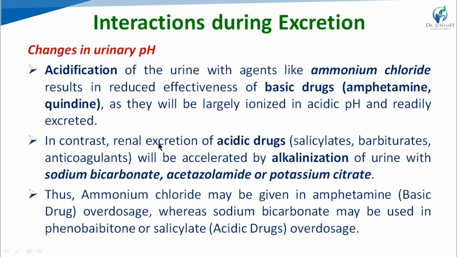In contrast, if you want to excrete an acidic drug, for example salicylate, barbiturates, anticoagulants, renal excretion will be accelerated by alkalinization of the urine, and we can initiate the alkalinization of the urine with sodium bicarbonate, acetazolamide, or potassium citrate. Thus ammonium chloride may be given in an amphetamine overdose. If there is an amphetamine overdose, then we can give ammonium chloride to increase the excretion of amphetamine.